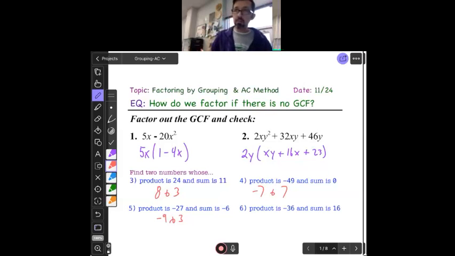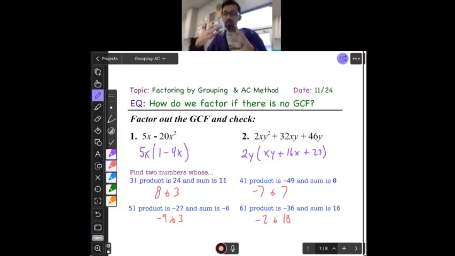All right, Sam, -2 and 18. So these are unique number combinations. There are no other numbers that multiply to be -36 and add to be 16. There are no other numbers that multiply to be -49 and add to be 0.